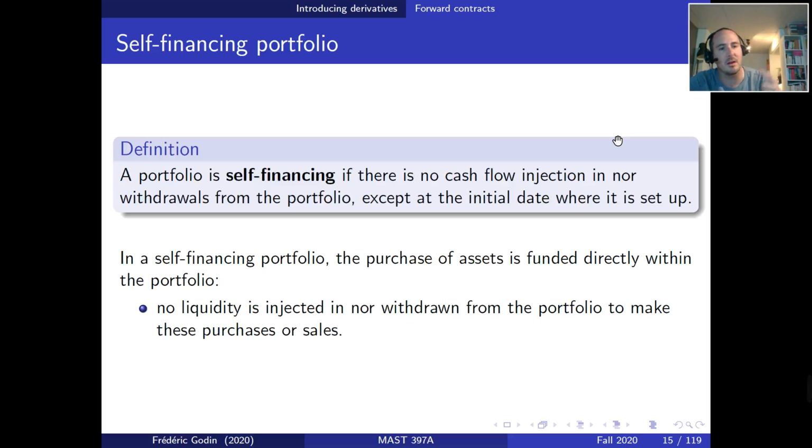Every time there is a sale or a purchase of assets performed in the portfolio, it needs to be funded respectively by the purchase or the sale of other assets in the portfolio.